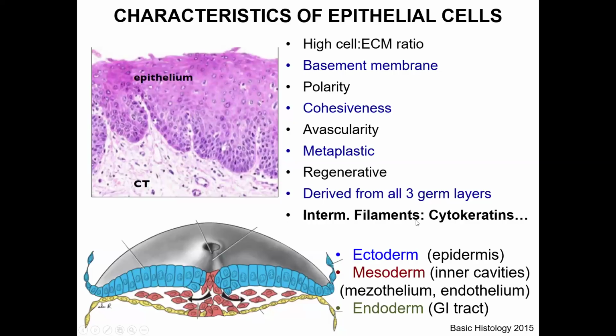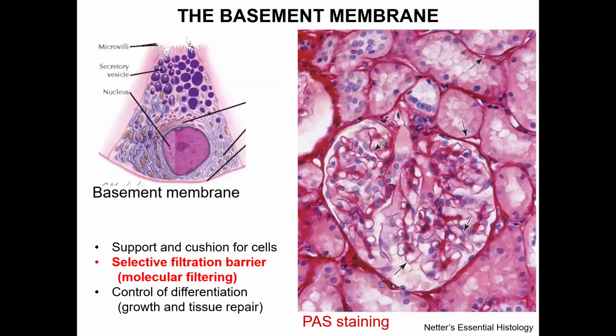And importantly, the intermediate filaments in the epithelial cells are the cytokeratins. And I mentioned already that the keratin that develops in the keratinized stratified squamous epithelium comes from the cytokeratin filaments that are present in this epithelium.